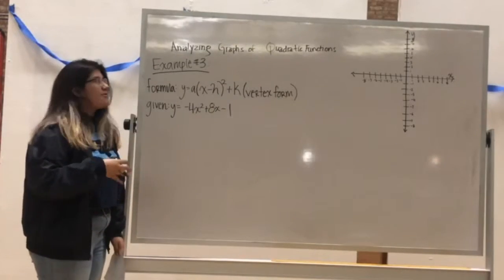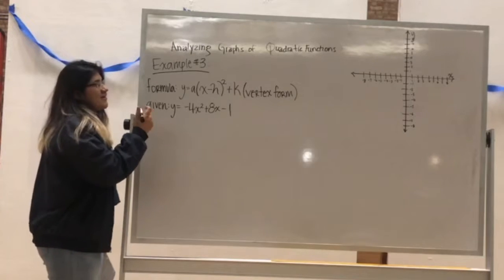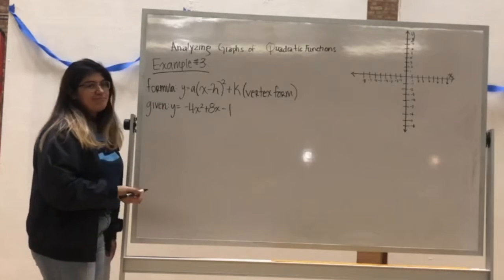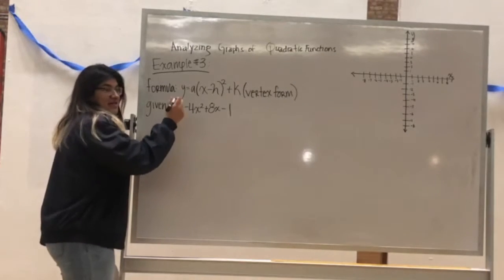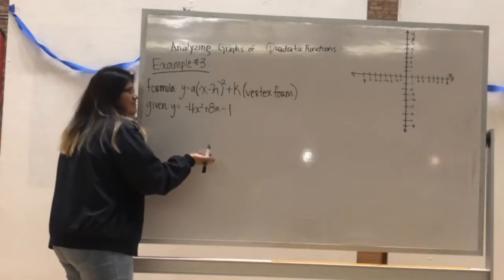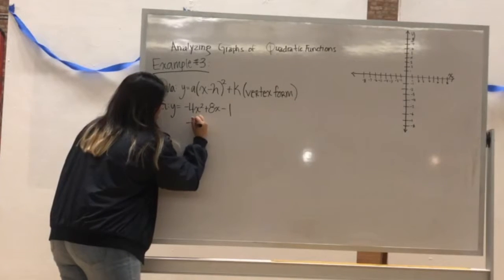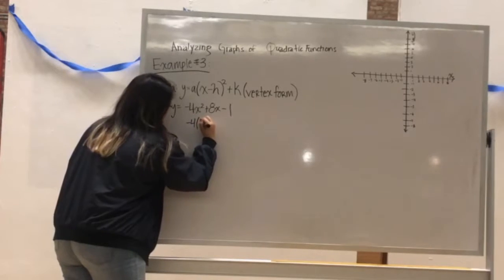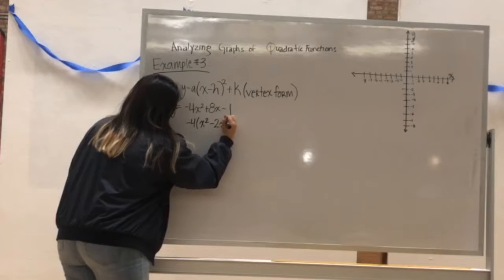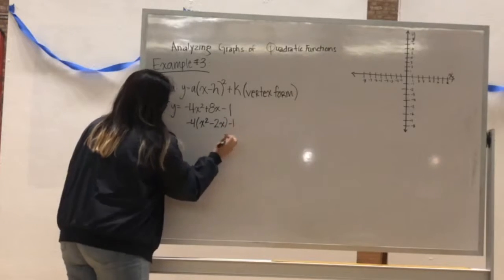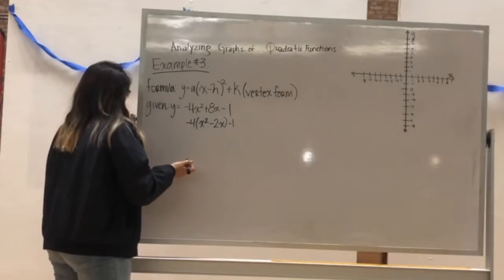So for our third example of analyzing graphs of quadratic functions, we have to switch the quadratic function into vertex form. So we first have to extract similar terms, or in other words, factor it out with negative 4, but we still keep the negative 1 outside of the parentheses.